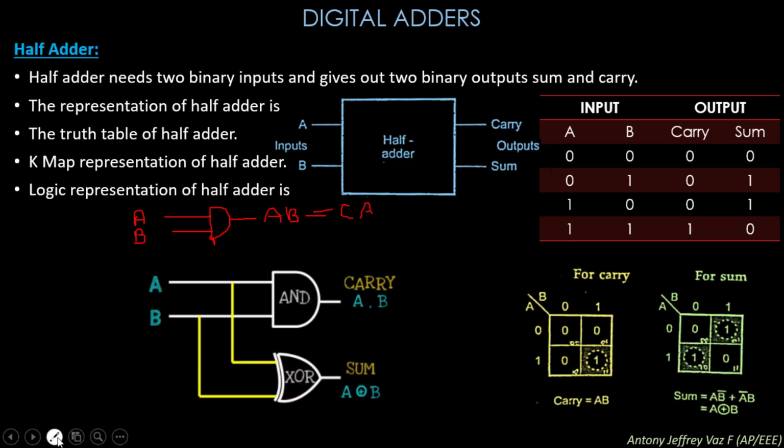To connect the XOR gate, you take the wire from here, then you connect it like this. After that you connect this like this, and then you will get the output A XOR B. This is the process of the half adder.